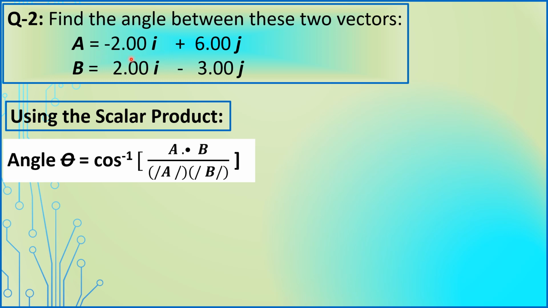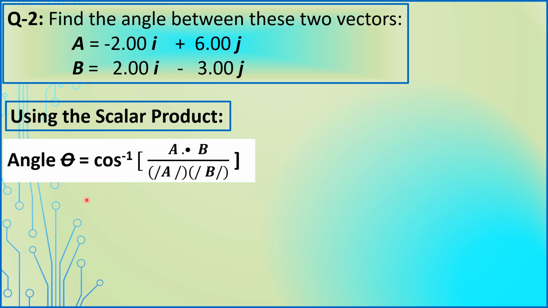So we are able to say that the x component of vector A is equal to negative 2.00, because that is what is represented by the unit vector i. It is directed towards the positive x-axis, while the unit vector j is also directed towards the positive y-axis. So similarly for vector B, its x component here is 2.00, while its y component is negative 3.00.